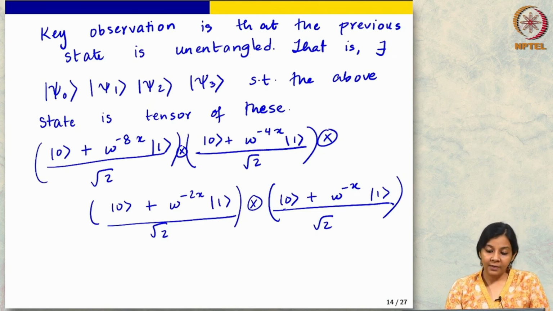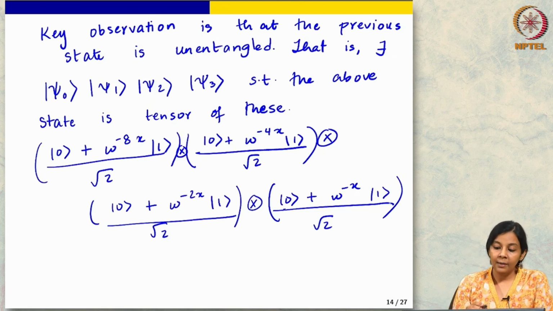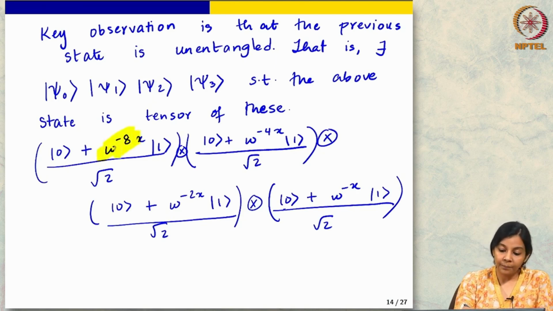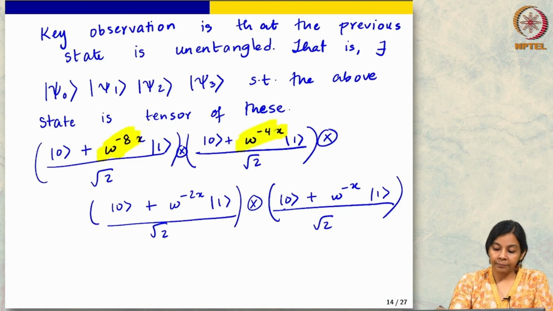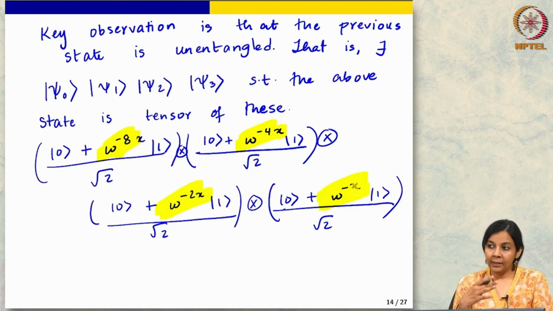Okay, so now this is really nice. I would like everyone to stare at this. So, first of all, notice that if for a moment I forget about these omegas here, this is some (|0> + alpha_i |1>) over root 2. Okay, so these are my coefficients of |1>. And these are following a very natural pattern, right. So, this is omega to the minus 2 to the i, right.